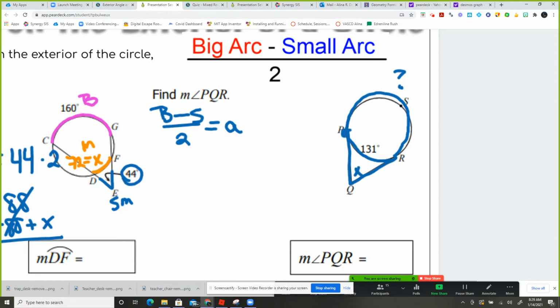From P to R, the short way is 131. And if the whole circle is 360, can I do 360 minus 131 equals that question mark? So 360 minus 131 is going to give me 229.